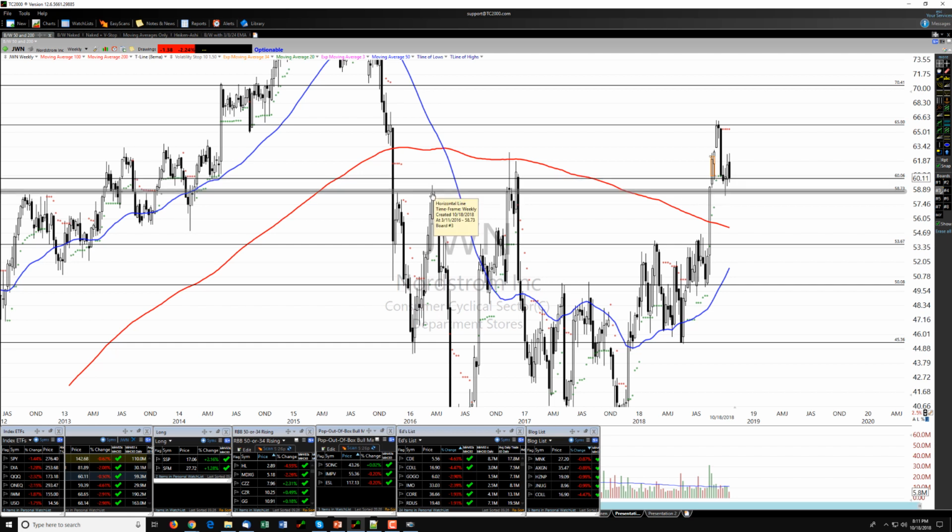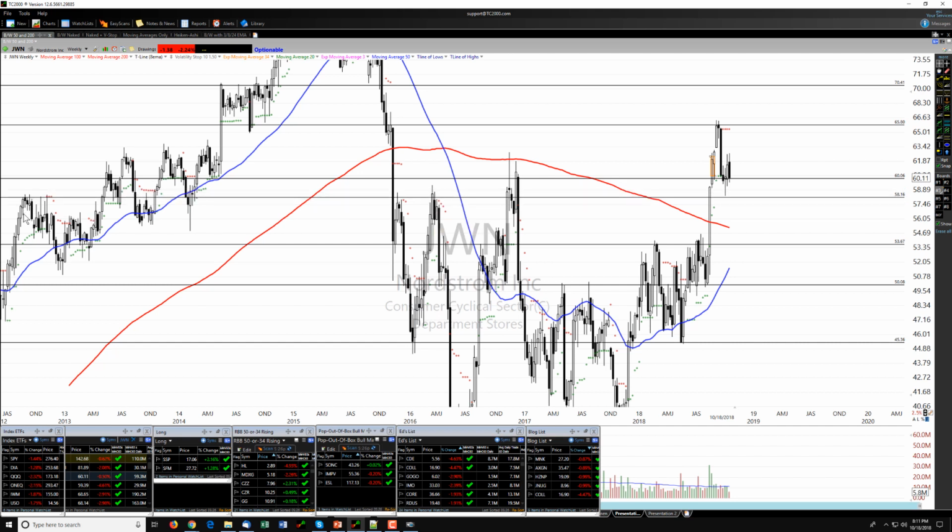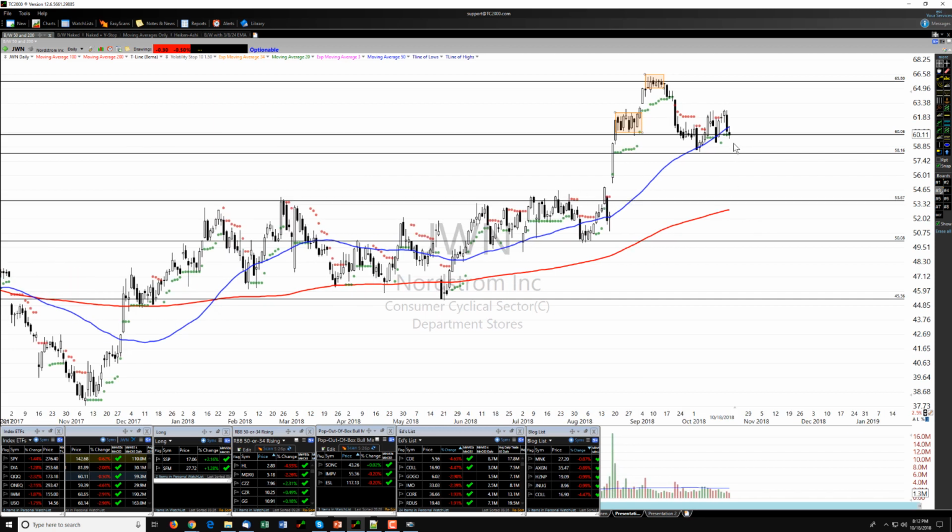I might move this down just a touch. That's probably going to be about where I put it. This one looks about where I want it to be. Okay, so that gives us, let's call an entry price here of 59. Oh, let's just call 59.95.